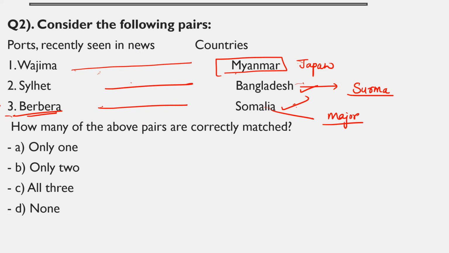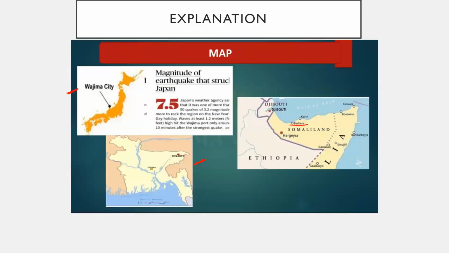You can just remember these names. Another important fact which I forgot: Berbera port's ancient name was also in news. Berbera's ancient name was Port of Malao. Which port? Port of Malao. Okay.